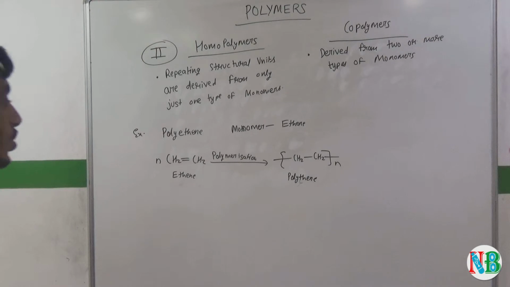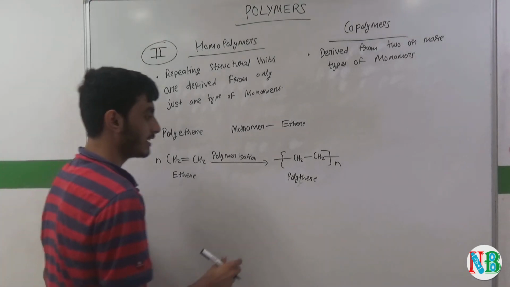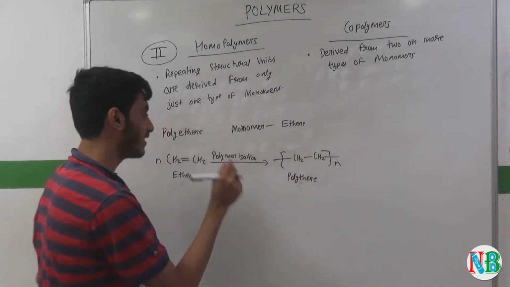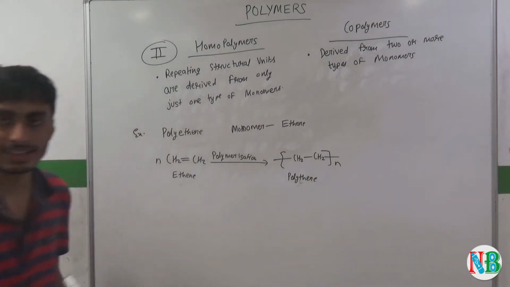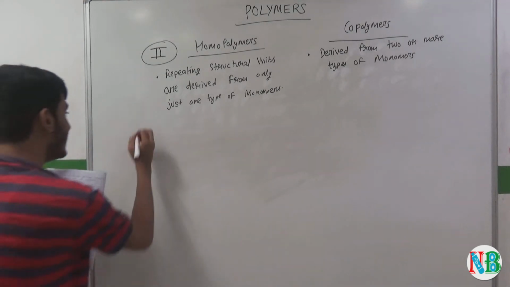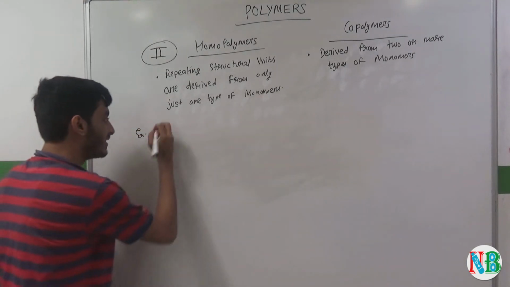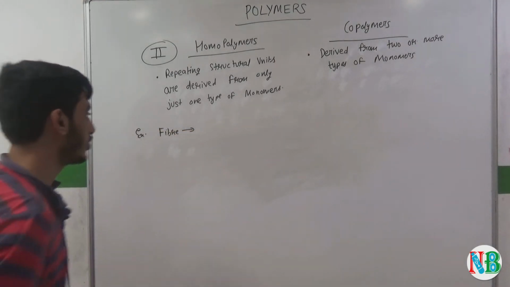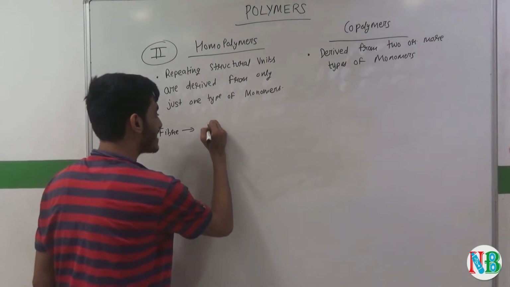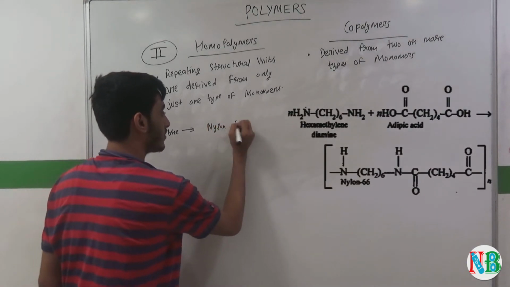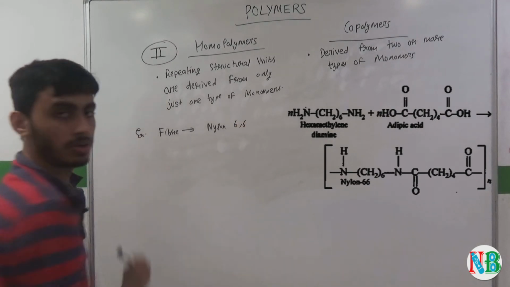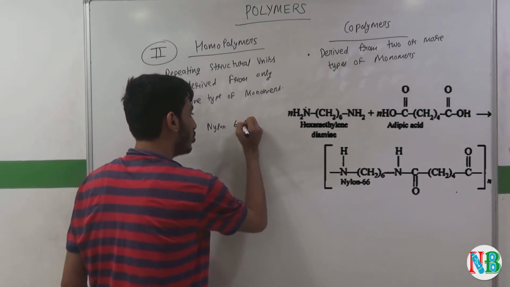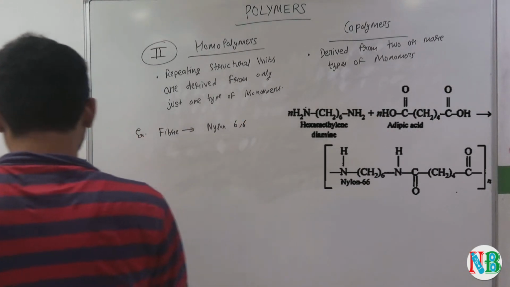Okay, so over here we see that this kind of molecule has only a single type of monomer, and that is ethene. So if we take the next example, there is this one kind of fiber, we all know about it. The fiber is named nylon 66. The 66 is a number for some kind of location.